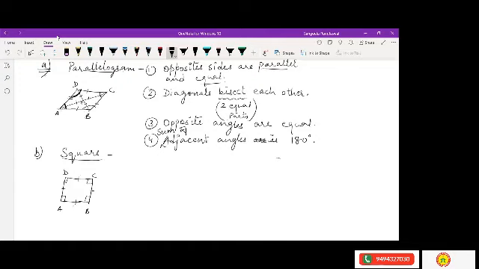Okay. So please note down the properties of this. All sides are equal in a square. Opposite sides are parallel. It has all properties of a parallelogram only.